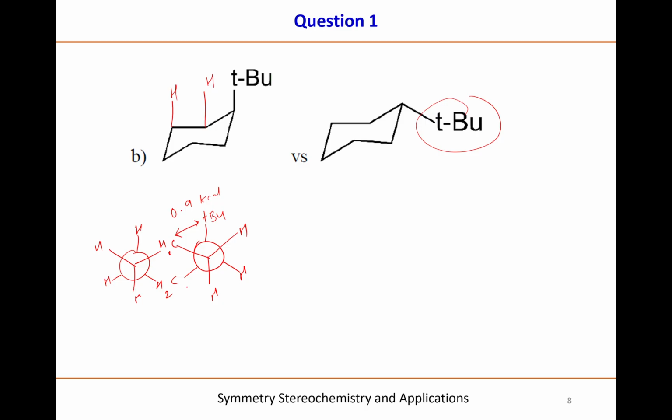And here again the same thing. The 1,3 diaxial interaction will be there with these two. And in this case, if I draw this way, correct?